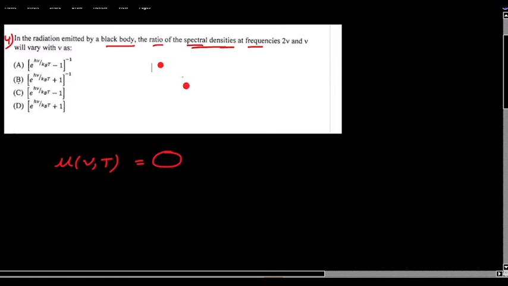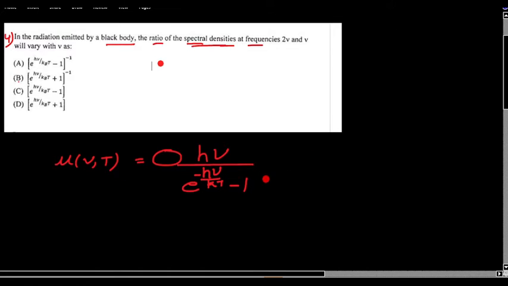I am not including the constant because we are going to take a ratio. So we have h mu divided by e to the power h mu by kT minus 1, the spectral density formula for black body radiation.